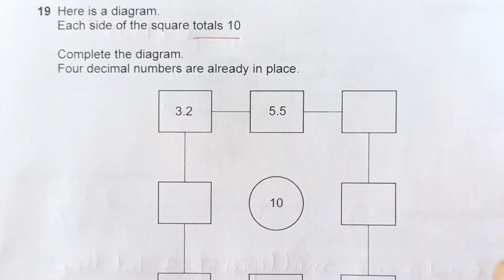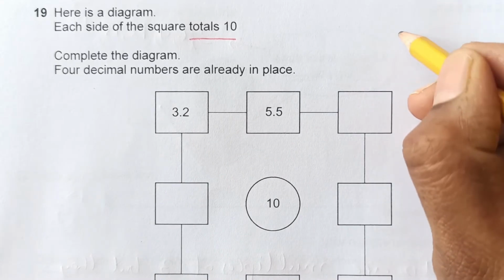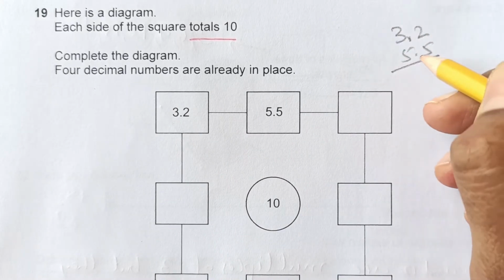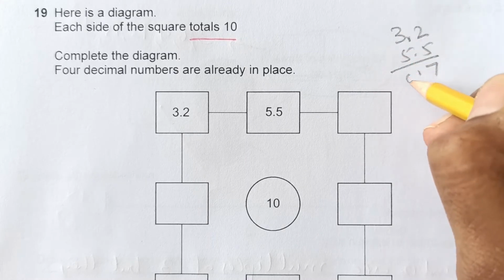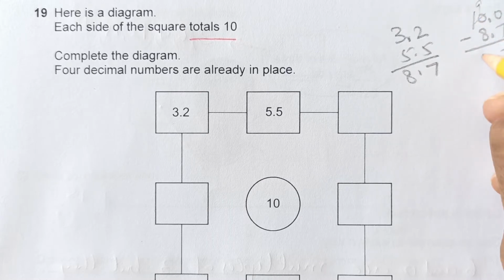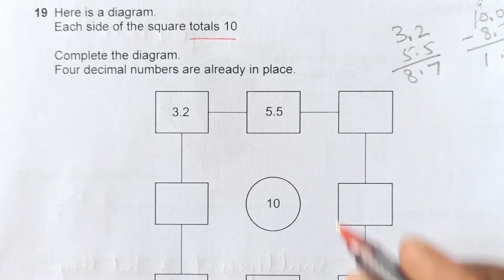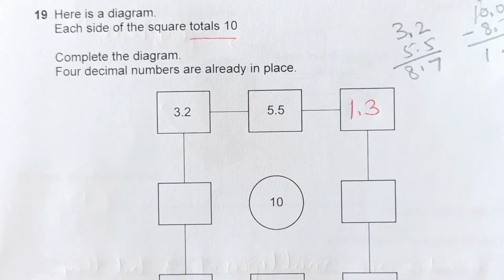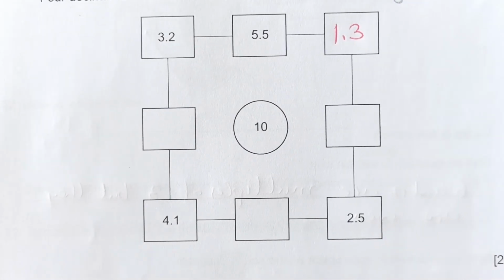So this one is 3.2 plus 5.5. 5 plus 2 is 7, then 3 plus 5 is 8, so 8.7, but the sum should be 10. So we can subtract 1 here. 9 minus 8 is 1, so 1.3. So this is going to be 1.3 here, right? Now we will go down like this.